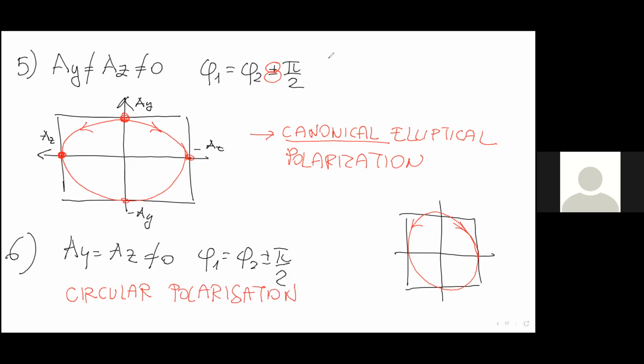Now, the most general case: the two amplitudes are different, the two phases are different, and the difference between phi 1 and phi 2 is not pi over 2, it can be any number.